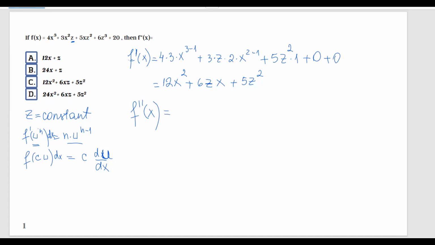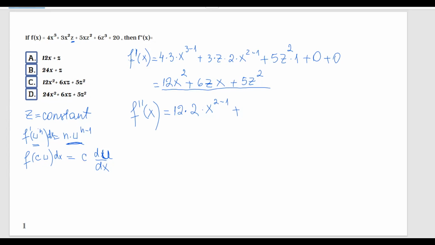So the second derivative is going to be the derivative of the first derivative. That makes sense. So now we're going to have 12x squared, which is going to be 12 multiplied by 2, applying this formula again, multiplied by x to the power 2 minus 1, plus 6 multiplied by z, a constant, multiplied by x.